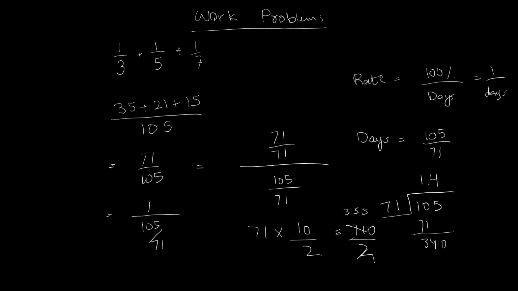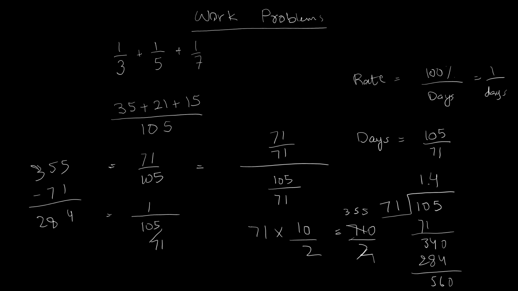Since all the options are very close, we also have to solve it to one more decimal point. You already know that 71 times 5 is 355. If you want to calculate it for 4 times, you can just subtract 71 from 355, and hence it would be 284. After subtracting, you have 56, which translates to 560.